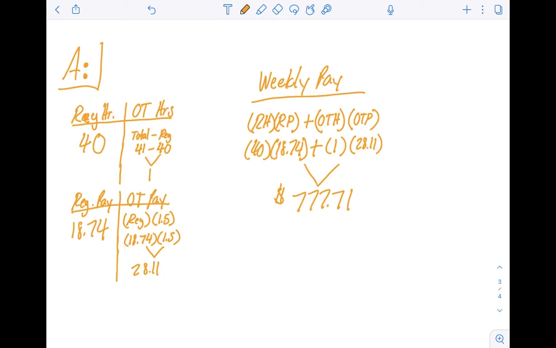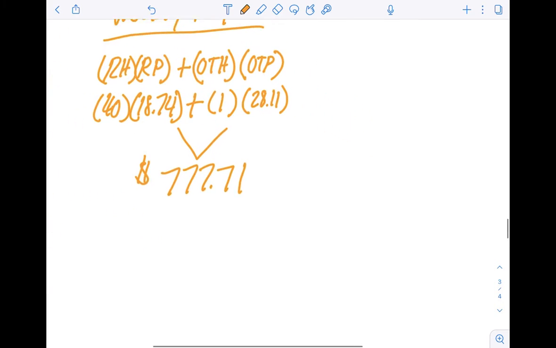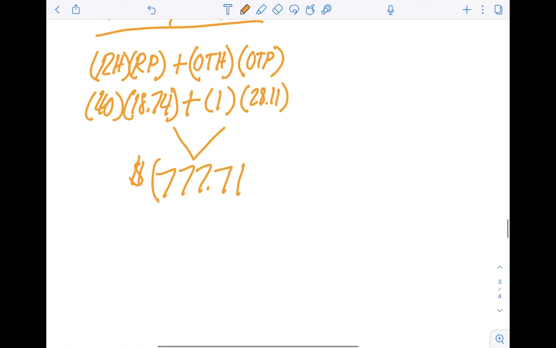But we need to know how much he makes for the year. Fortunately, we know that 1 year has 52 weeks. So we are going to multiply 777.71 times 52, because there are 52 weeks in 1 year.